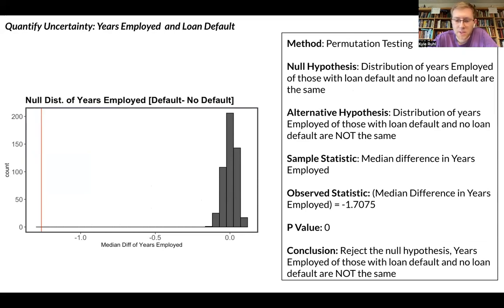Using a sample statistic here of the median difference in years employed, our original observed statistic is that those who did not default worked in their current job profile for about 1.7 more years than those who did. And through this permutation testing, we see that our p-value is 0, so we can reject our null hypothesis that years employed of those with loan defaults and no loan defaults are the same.